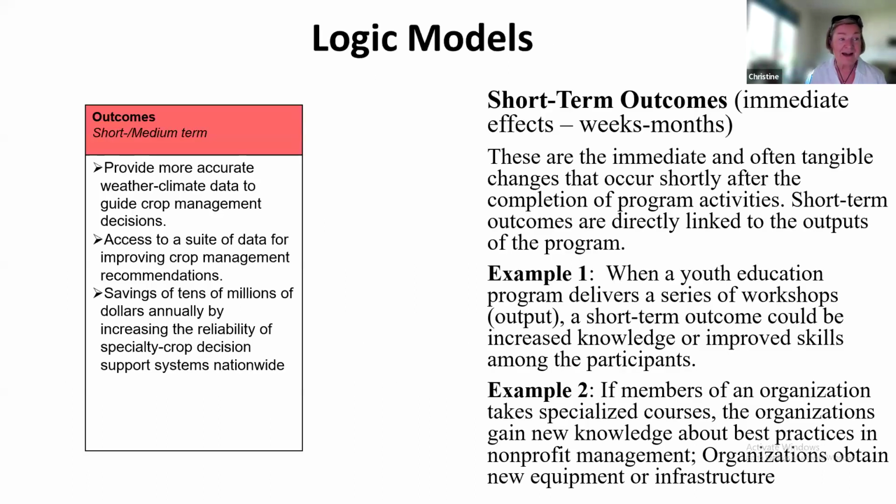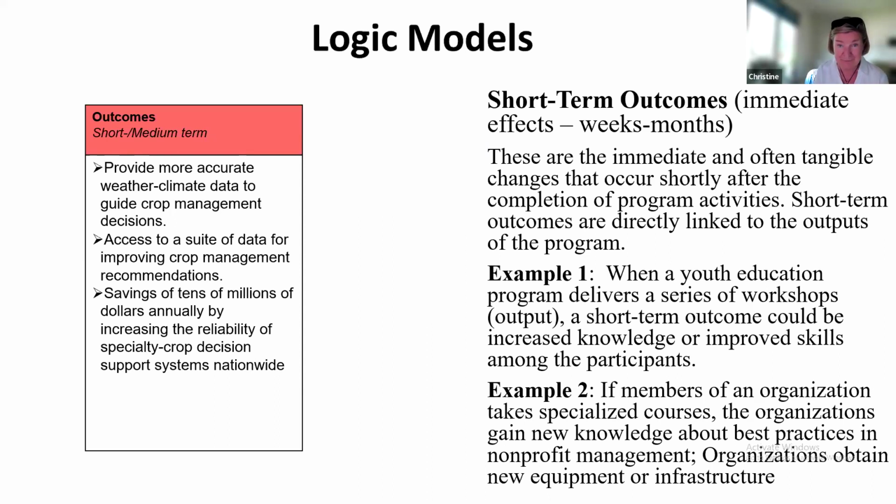So here I have combined short and medium term outcomes: more accurate weather climate data to guide crop management decisions, access to a suite of data for improving crop management recommendations, savings in dollars for growers by having better information and making science-based decisions. So this is not something that somebody can measure during your project, that an evaluator can see.